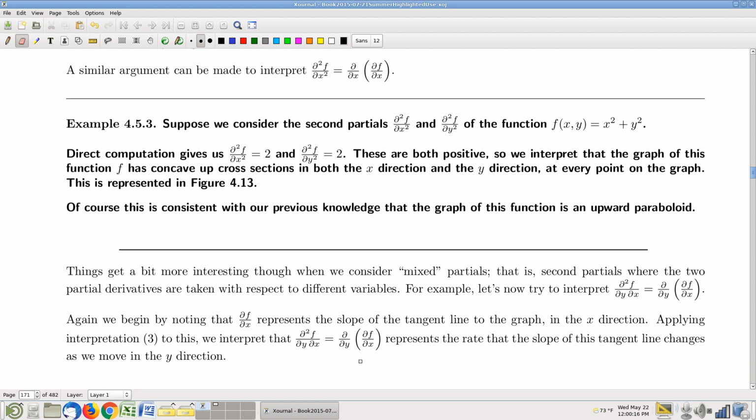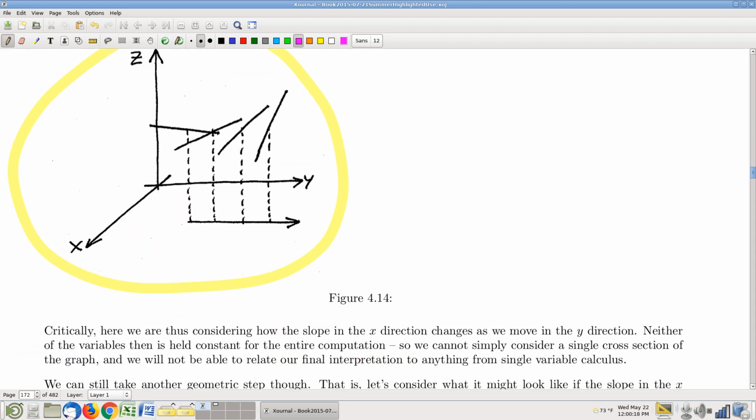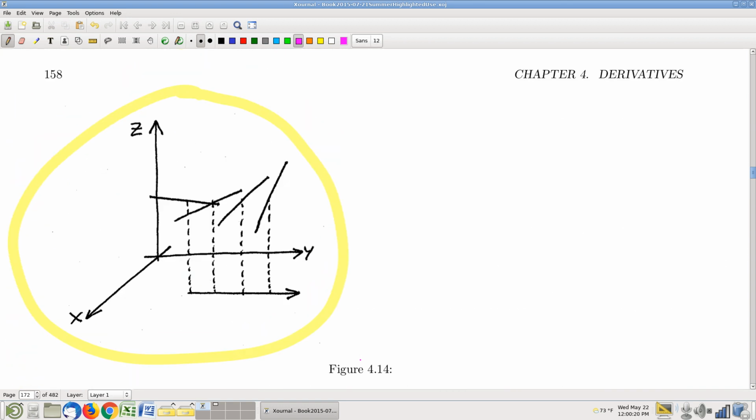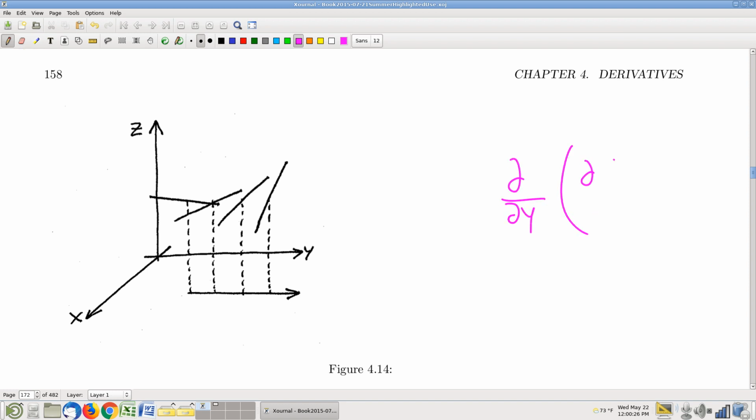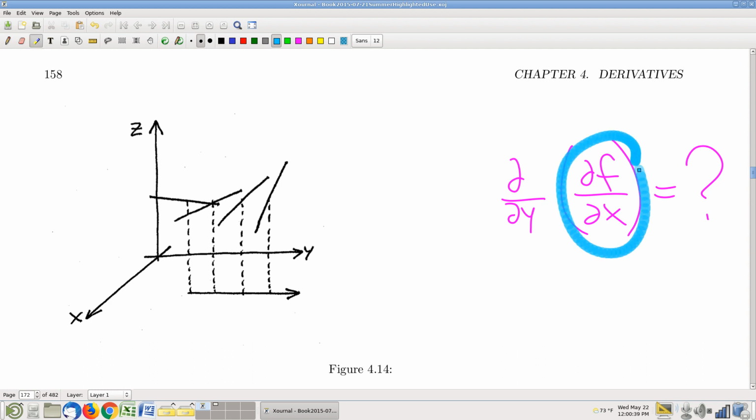Okay. So here's my picture of how to think about this. So reminder, we were looking at the partial with respect to y of the partial of f with respect to x. This is what we want to try to come up with some geometric interpretation of. And so we'll start off looking at partial with respect to x. On this picture, what does a partial with respect to x look like?